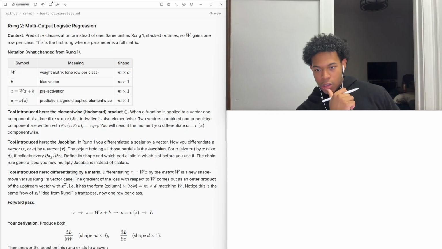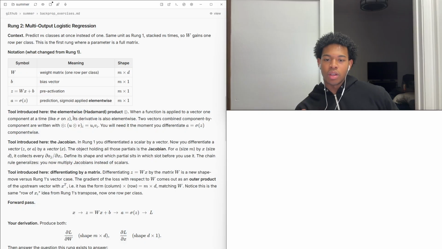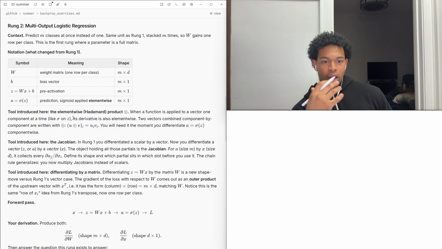It collects every element of A with respect to every element of X, which is going to produce a matrix that is of the size of A with respect to the size of X. So element by element, single step derivative.